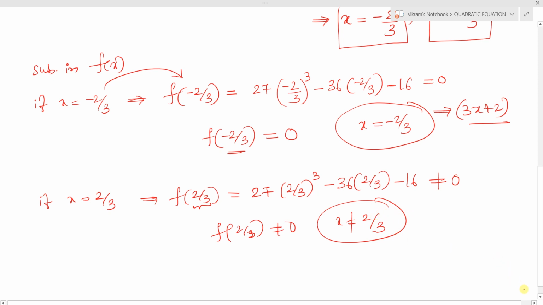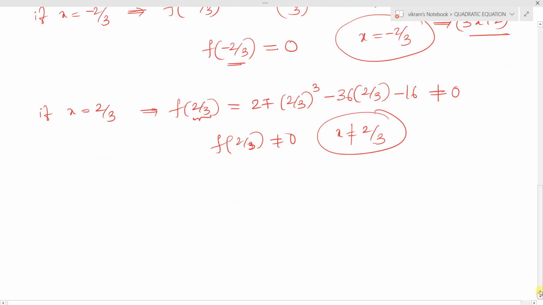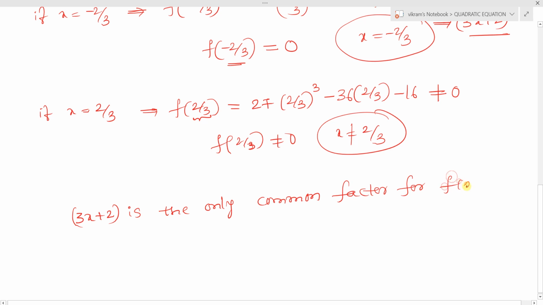Then we can say that 3x plus 2 is the only common factor for f of x and f dash of x.